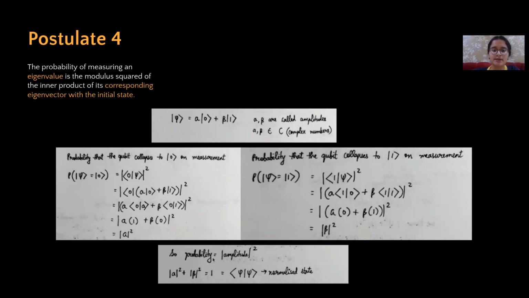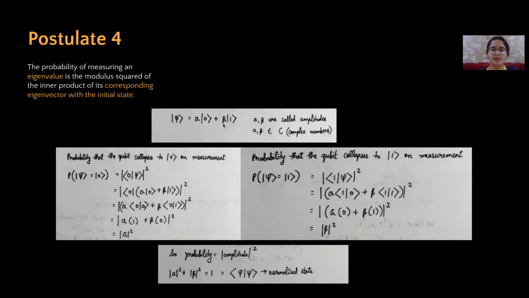Earlier, I told you that the sum of these coefficients squared is equal to 1. That was because this maintains the law of probability that the sum of all events should equal 1. It is because the inner product of psi with itself, that is the qubit with itself, is 1. And these are the sub-events of the qubit.